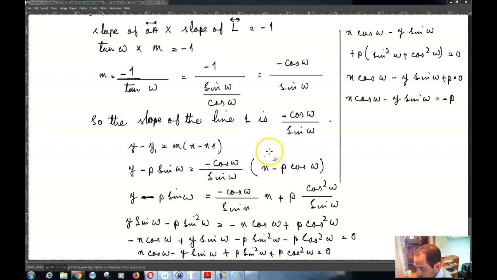I might have made a mistake somewhere over here, because this is supposed to be x times sine omega plus y. I see.